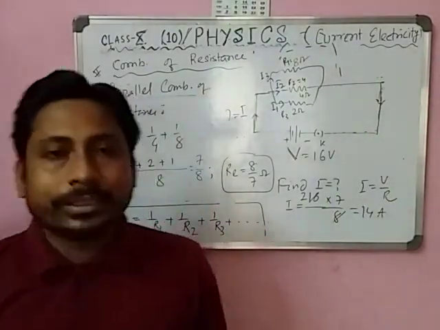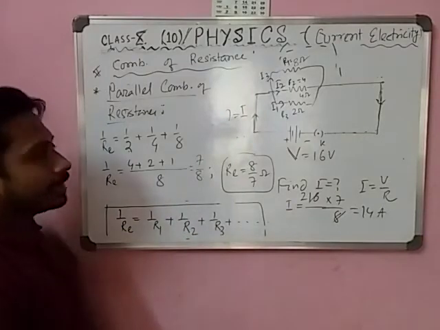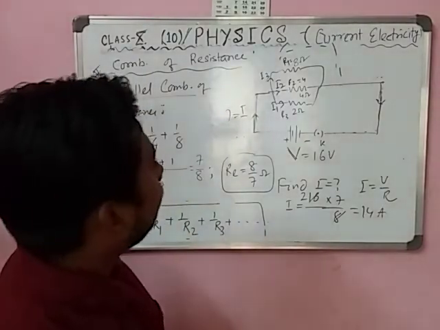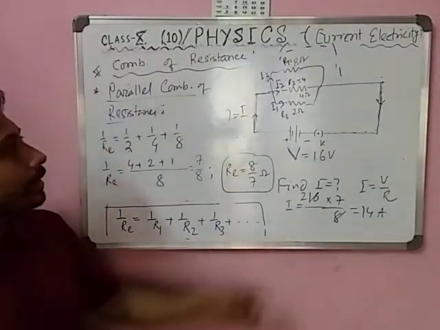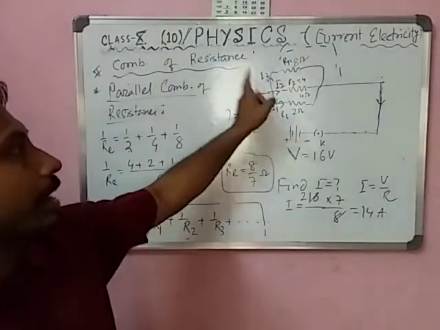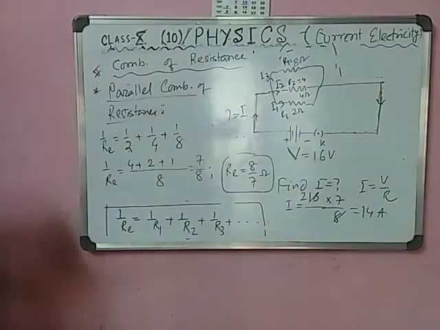And students, I think a question comes to your mind: sir, how can I get the separate currents I1, I2, I3? Please tell me how.